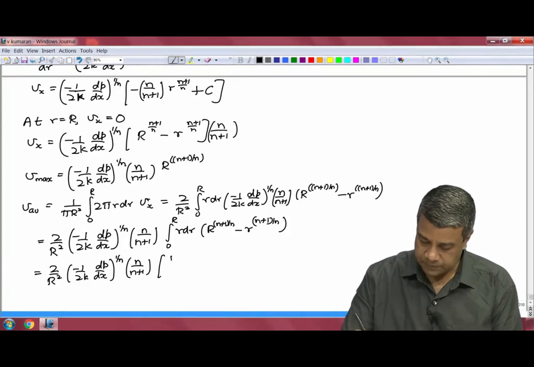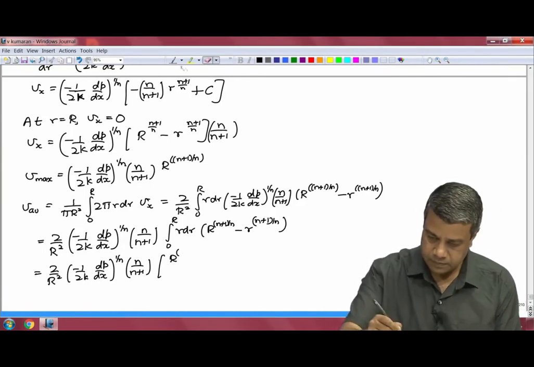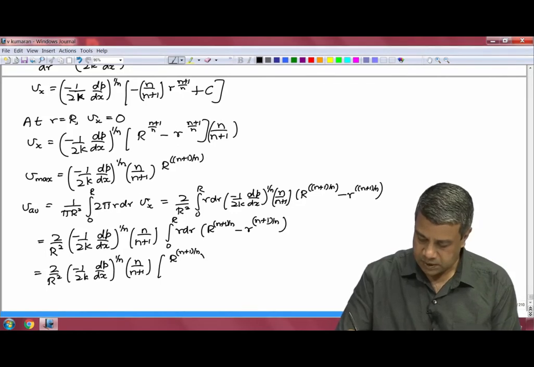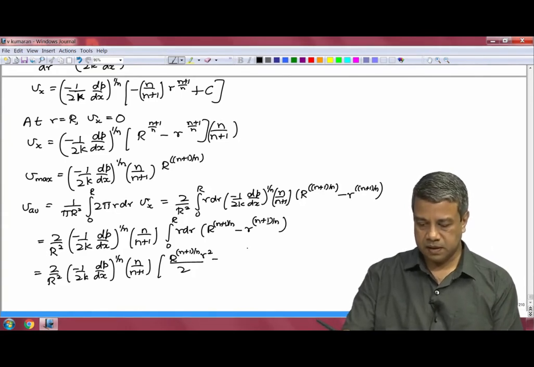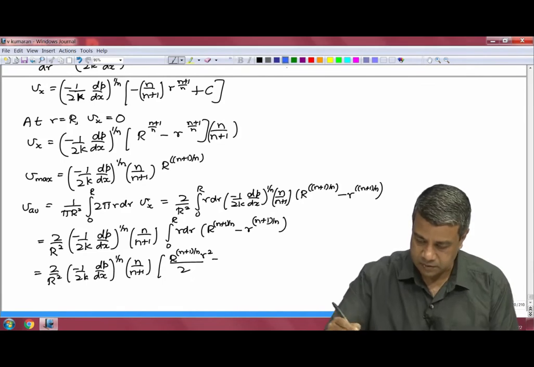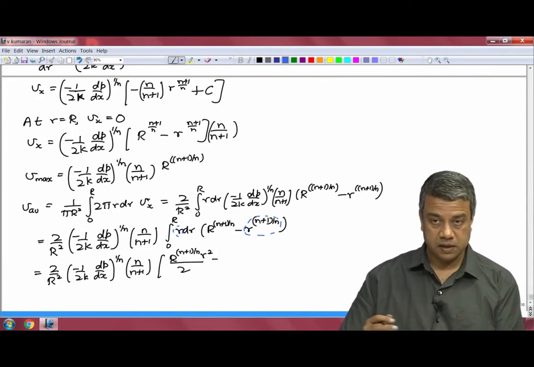I will get R power n plus 1 by n, r square by 2, minus r power n plus 1 by n times r. If I multiply both of these times r, I will get r power 2n plus 1 divided by n.